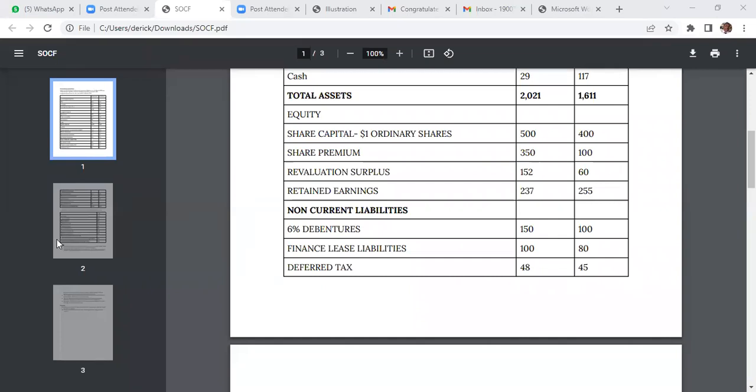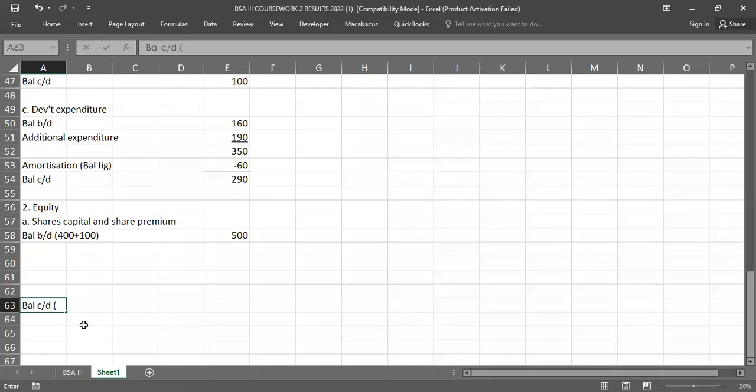We have 400 for share capital. Then you have share premium, 100. So this will give me 500 at the beginning. In case of any activities, I will just adjust for them, but the closing balance is 500 for sure.